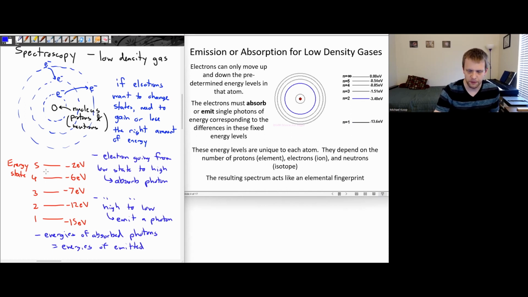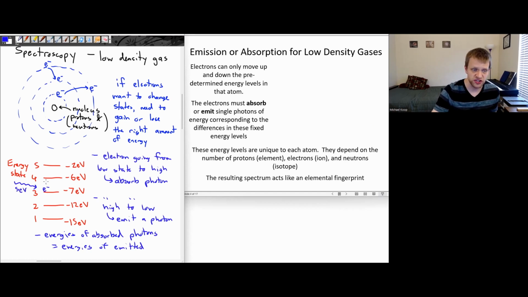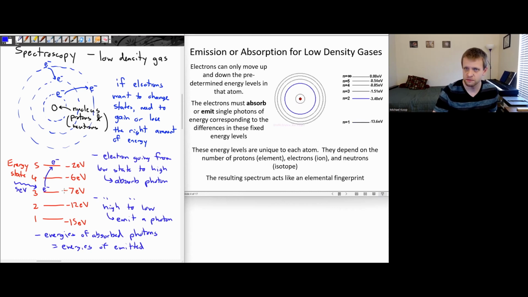Again, another quick example, because I think I did all these transitions with the first level. That doesn't always have to be the case. Let's start with the third state. Let's say it was in the third state and a 5 eV photon came in. Well, it's going to be able to successfully absorb that in order to kick it up to this fifth energy state.